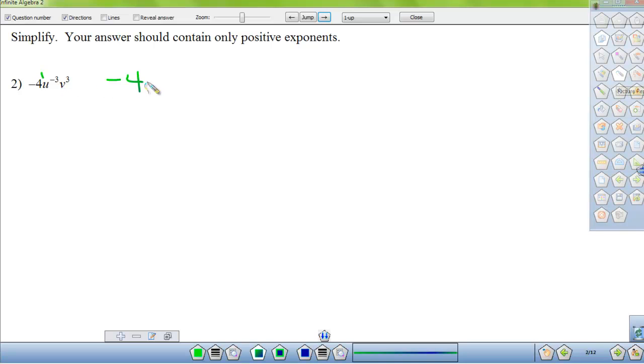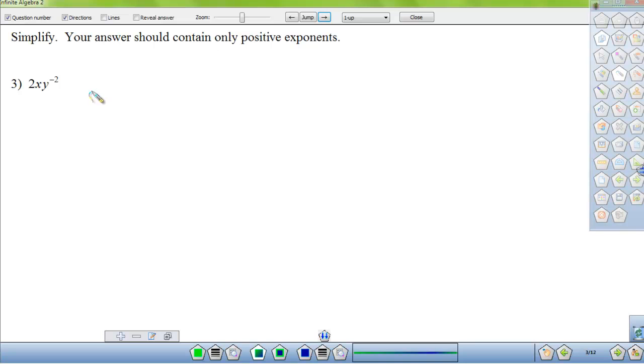The v cubed is also positive, and the only thing that we're going to change here is that u to the negative third, we're going to make it positive by changing its position in the fraction, and it's going to be negative 4v cubed over u cubed. I also want to point out that this is a floater. We can have it in the numerator, denominator, out to the side. It really doesn't matter because it's going to be negative one way or the other.